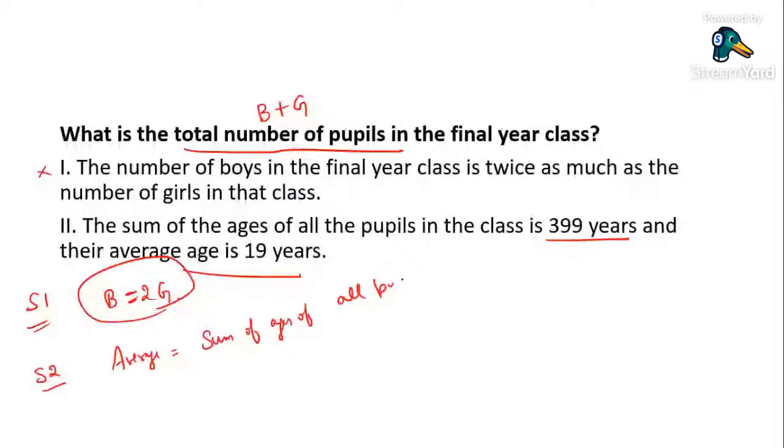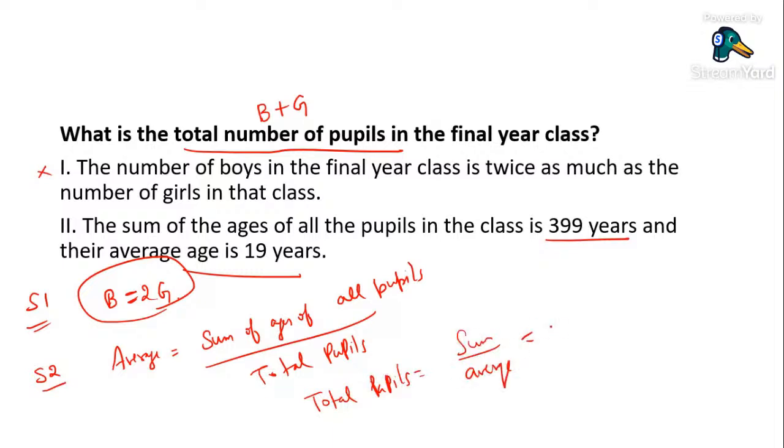Okay, statement 1 alone you cannot answer. Let's focus on statement 2 alone. If we focus on statement 2, what is the given information? The sum of the ages is 399 and the average is 99. Guys, I know you know the basic definition of average. What is average?